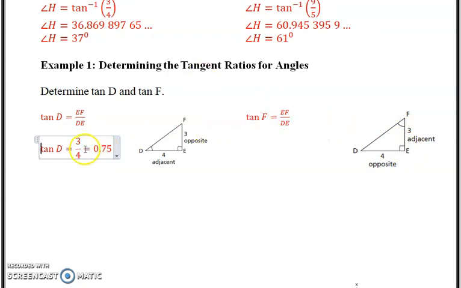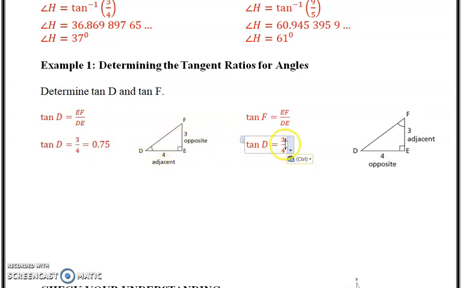So in this case, the 4 is in the numerator and the 3 is in the denominator, because this here is actually DE this time, and this one here is EF, right? Because the opposite and the adjacent have switched locations. And you can do that as a decimal, but I like leaving it as a fraction for obvious reasons, because this is one decimal, and obviously the 3 is going to repeat.